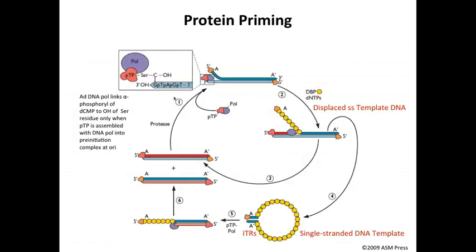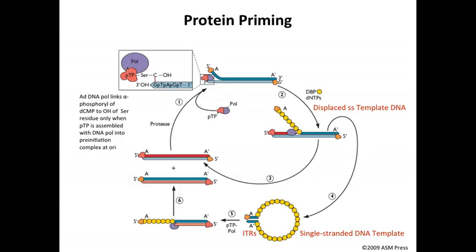Let's start at the upper left here. We have an enlarged view of the left end of the viral genome. Remember, it's a double-stranded viral DNA. And at the very left end, we have, of course, a 3' hydroxyl on the bottom strand. This virus, adenovirus, encodes its own DNA polymerase.